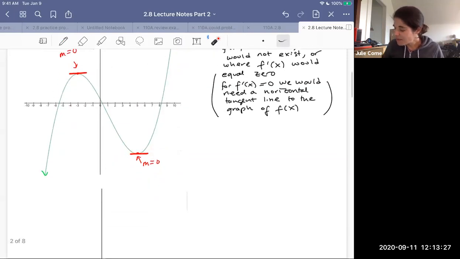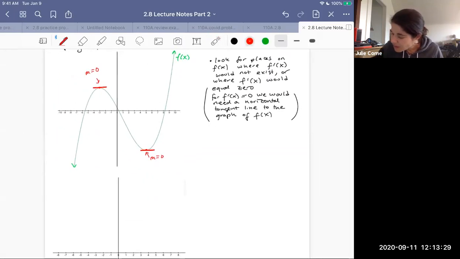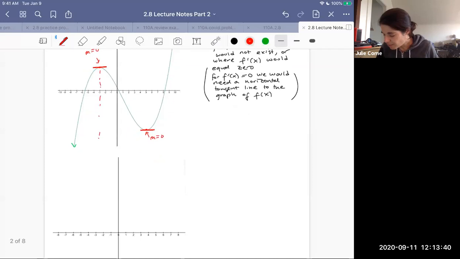So let me just plot those zeros now. And in fact, maybe I'll even make a few lines, and I tried to line this up, but of course I probably didn't. I'm just putting these in for a visual, and I'll put them on my graph below just so I have it marked off at -3 and at 5.